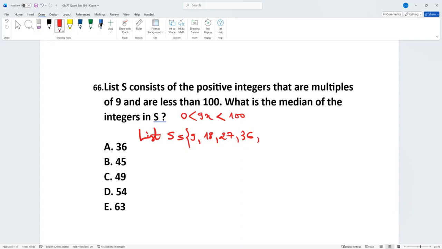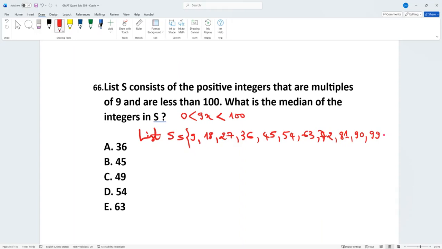So 9 times 2 is 18, 9 times 3 is 27, 9 times 4 is 36, 9 times 5 is 45, 9 times 6 is 54, 9 times 7 is 63, 9 times 8 is 72, 9 times 9 is 81, 9 times 10 is 90, 9 times 11 is 99.